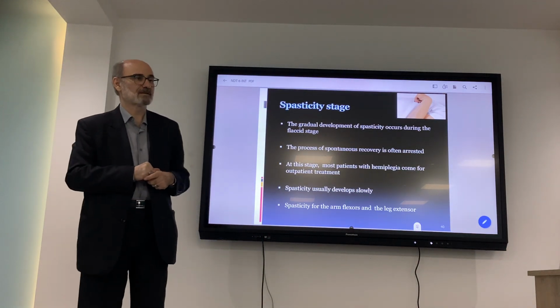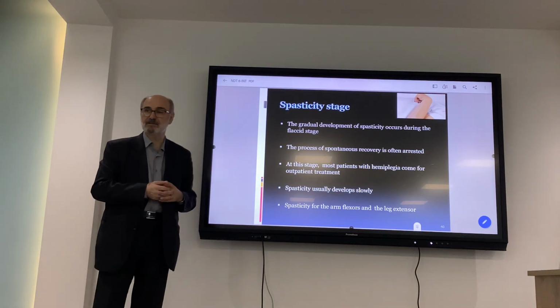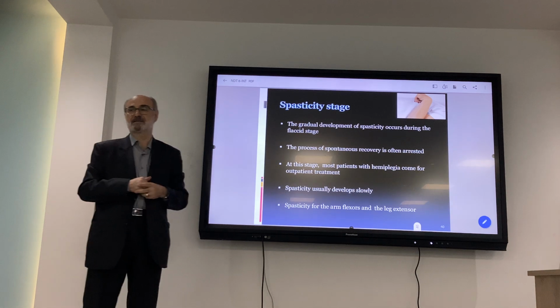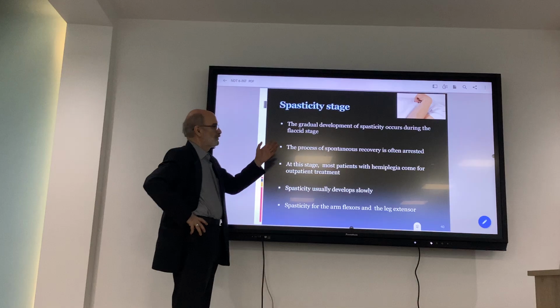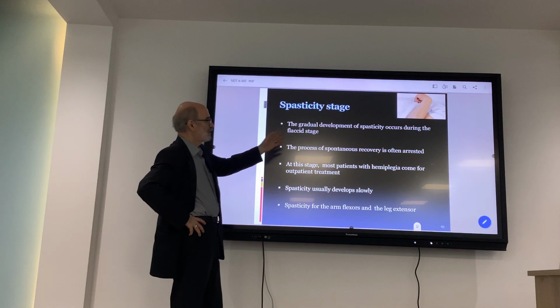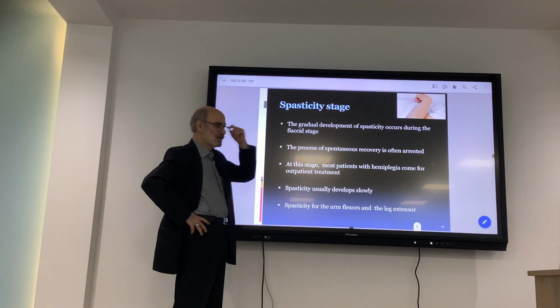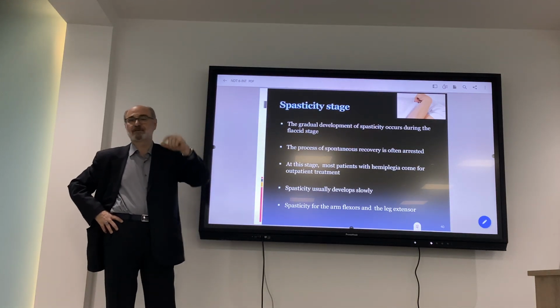After the initial flaccidity stage, people with stroke enter the spasticity stage. Bobath believes that even during the flaccid stage, there is some spasticity in some specific muscles.